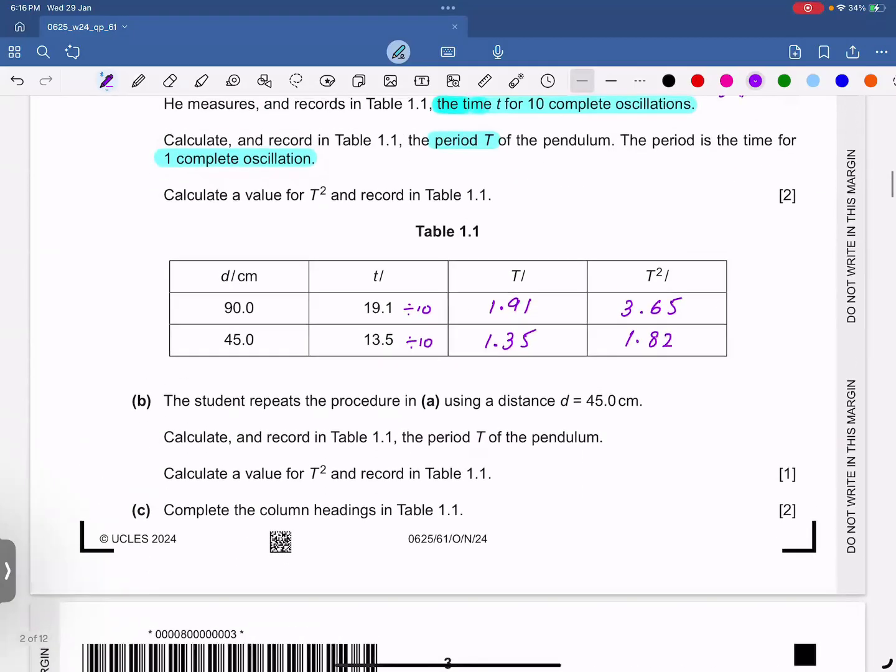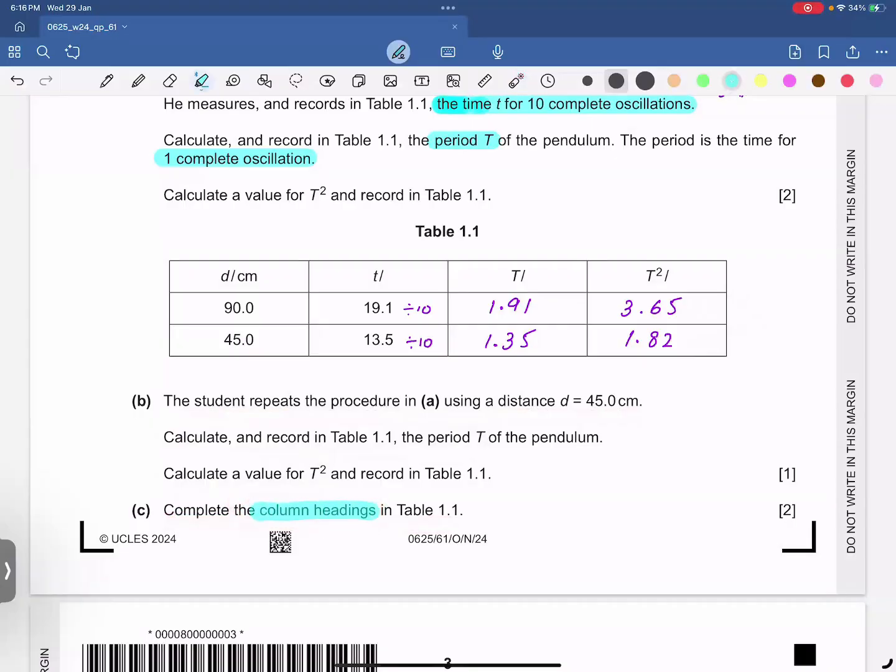Now, the next part is the student repeats the procedure in A using the distance D. Calculate and record the period, we did, and t square we also did. We are already done for both of them. Now they say complete the column heading. What is the meaning of column heading?